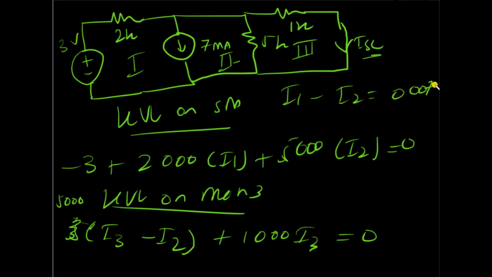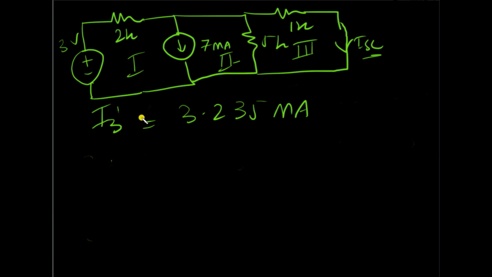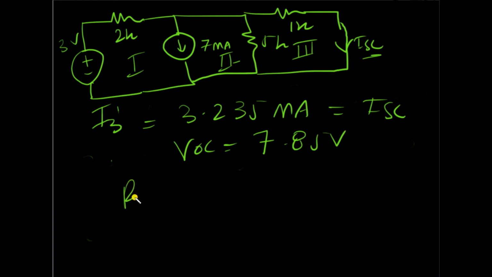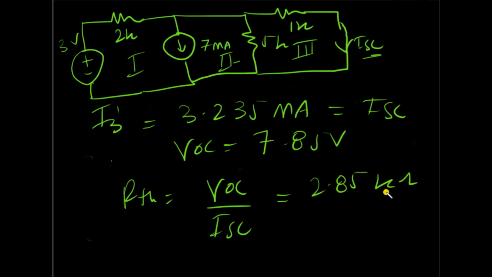If you solve all of these, you would get I3 as 3.235 milliamps, and clearly I3 is what ISC is. We had calculated VOC as 7.85 volts, so we can just use this formula to find R Thevenin, and that would be the same value, 2.85 kilo ohms.